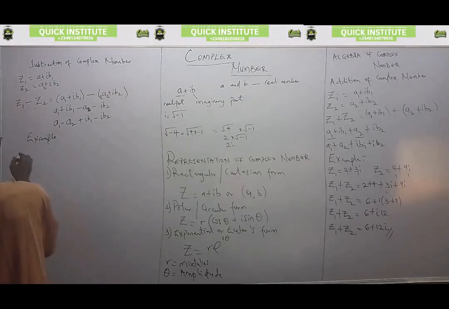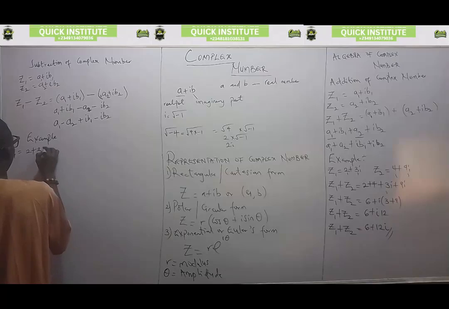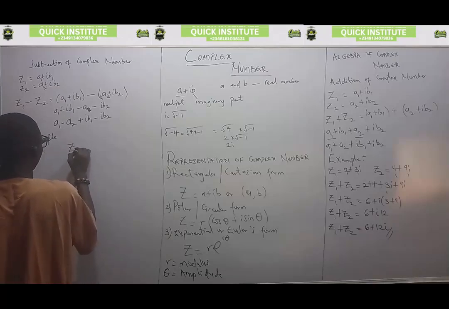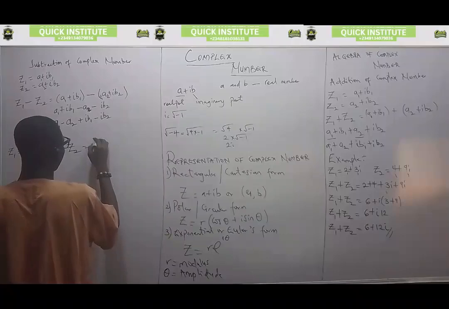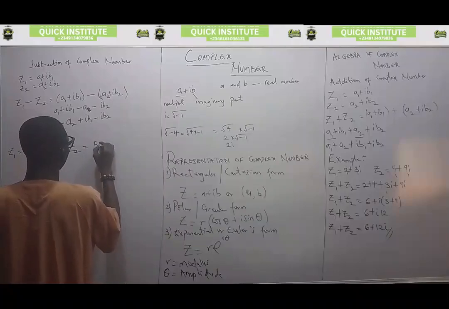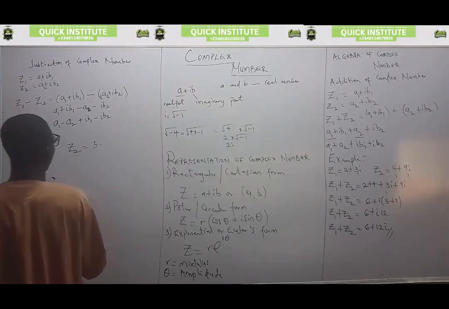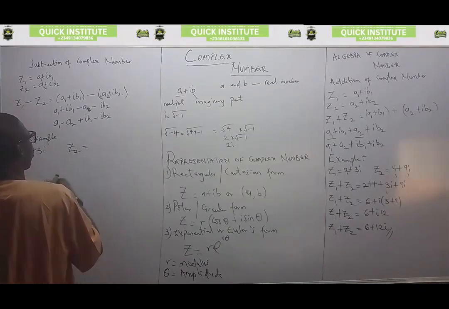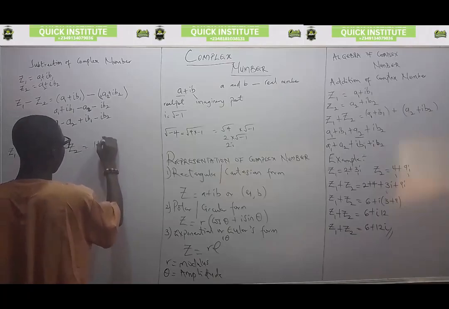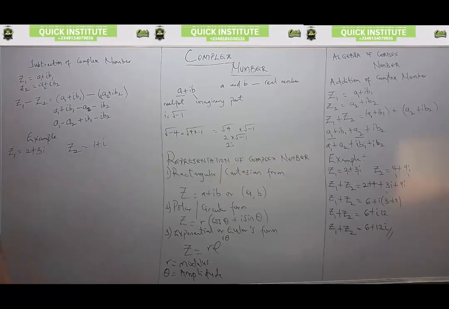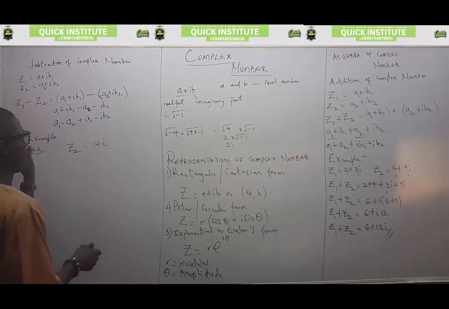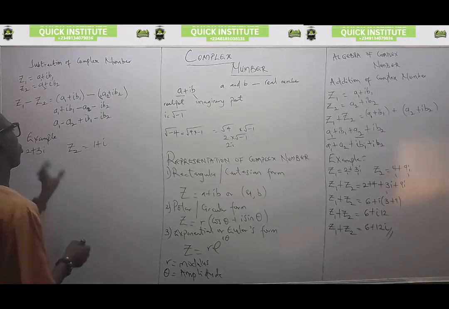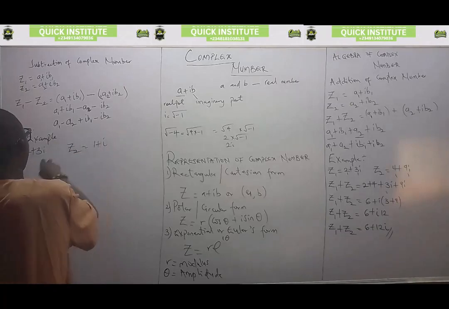Let's say we have z1 equals 2 plus 3i, and z2 equals 1 plus i. Since we've got the formula for subtraction of complex numbers, we can apply it to the example.